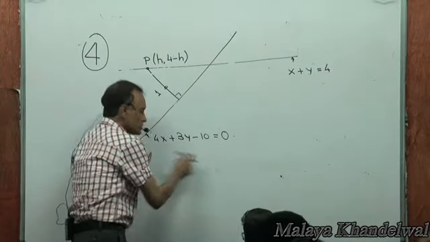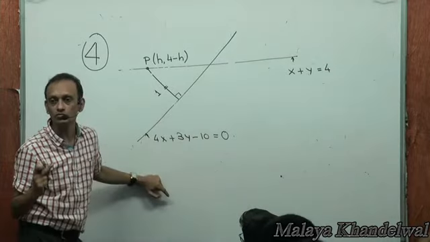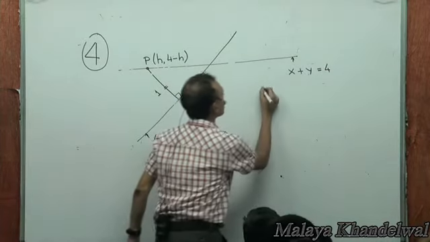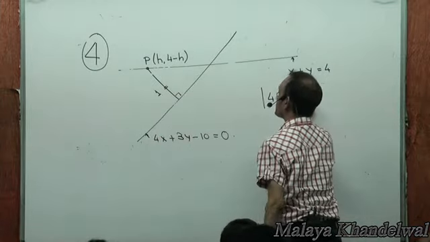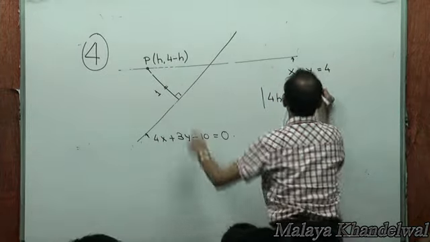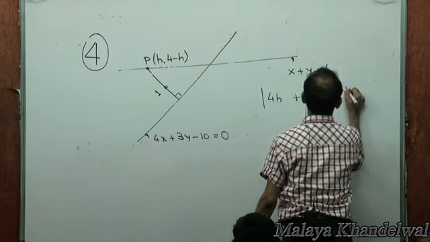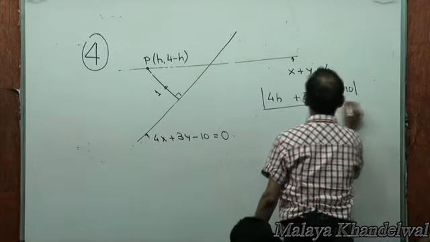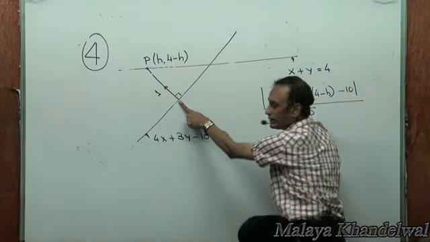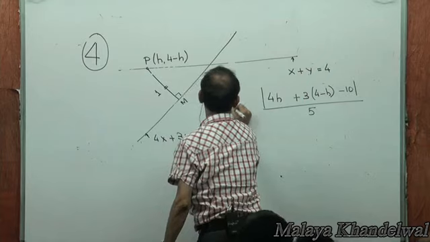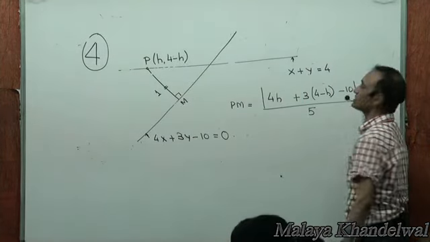Take the modulus and divide by root 4 square plus 3 squared. So, mod of 4 into h, plus 3 into 4 minus h, minus 10, divided by 5. That's the perpendicular distance of P from this line. That is PM. And that must be equal to 1. Yes or no?